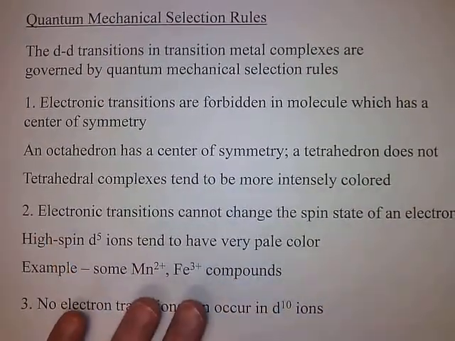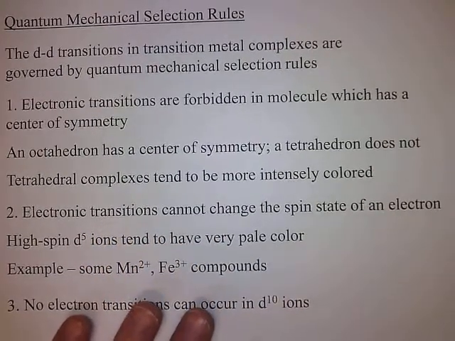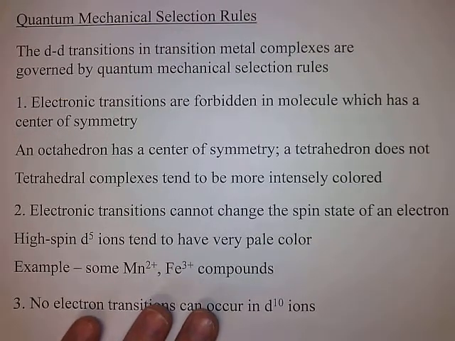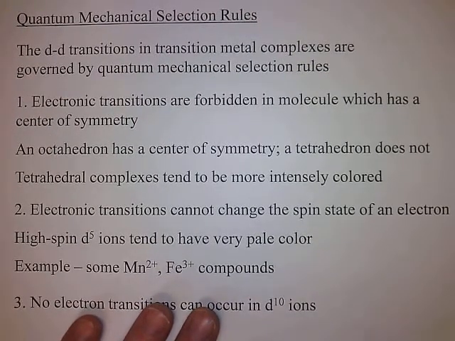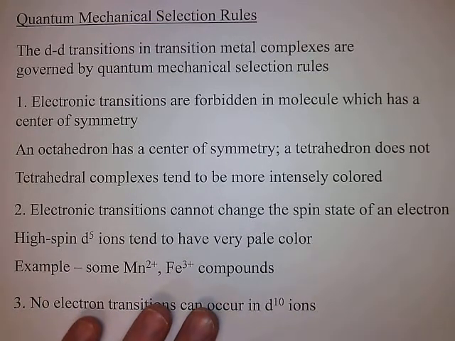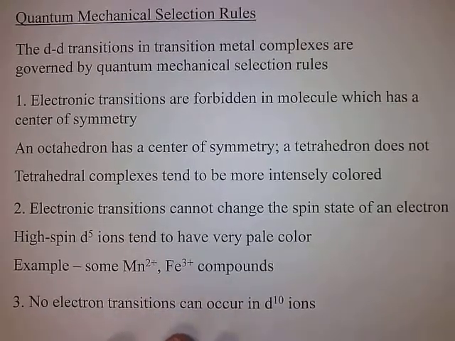The second rule is that electronic transitions cannot change the spin state of an electron. This typically comes into play when you have high spin d5 ions. They tend to be very pale in color.